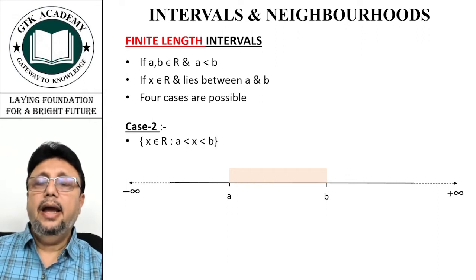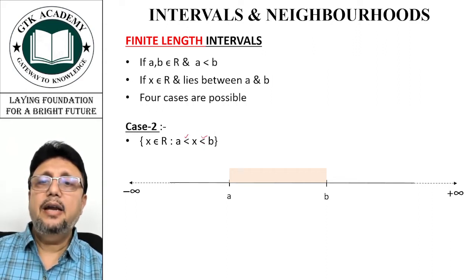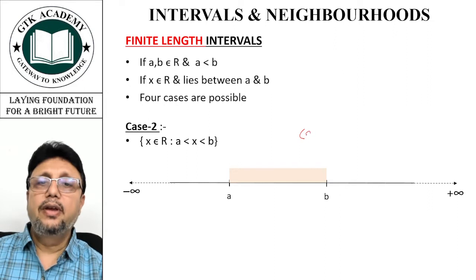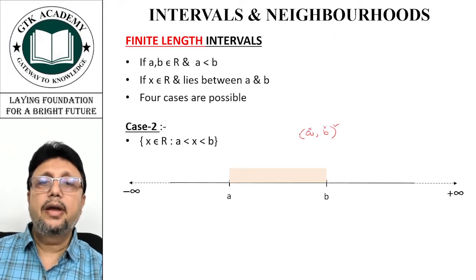Case 2, x lies between a and b, but it is neither equal to a nor equal to b. That means a and b are not included in this interval. So we'll write like this: (a, b), with this kind of bracket. This kind of bracket means neither b is included nor a is included here.